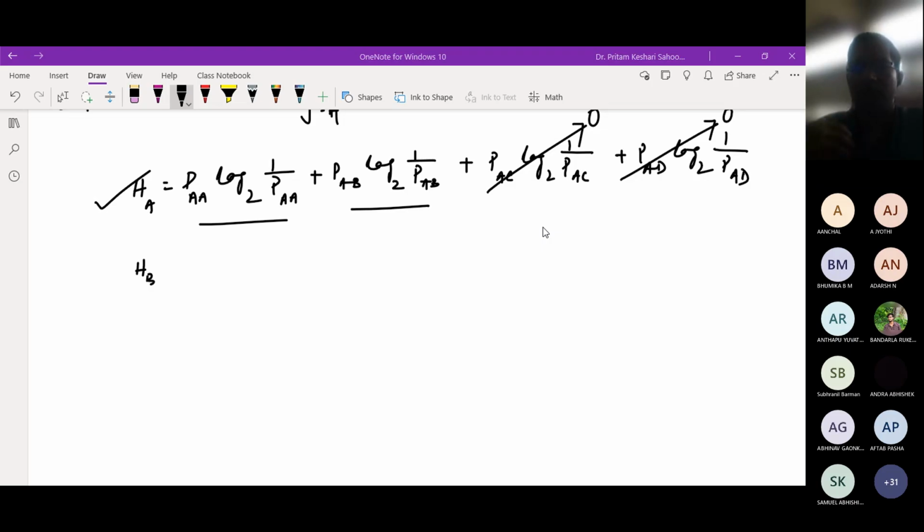The reason is that if you require a high number of bits to represent a certain message, that means we are transmitting more bits and we require a large bandwidth to transmit the same message.